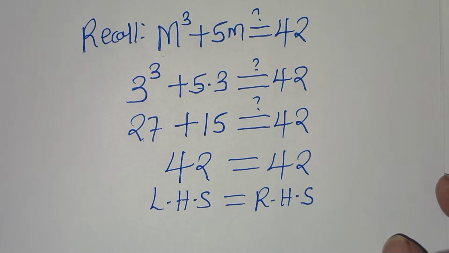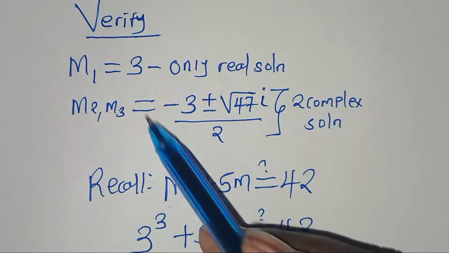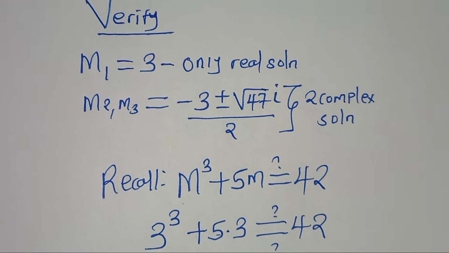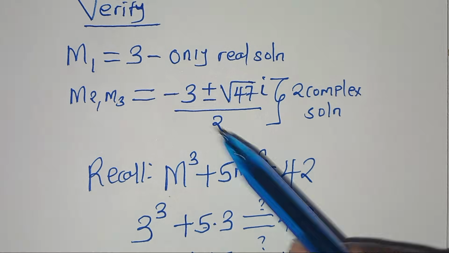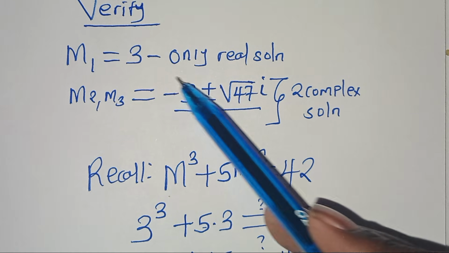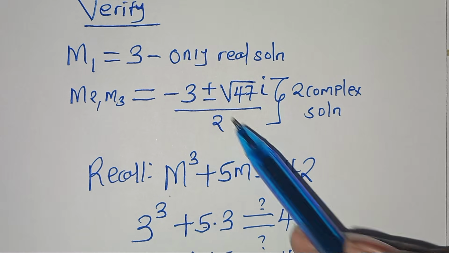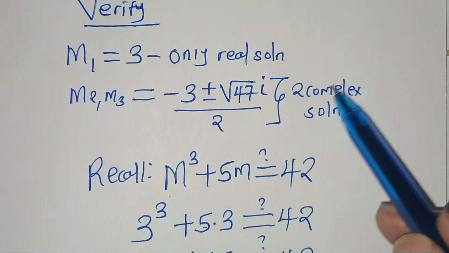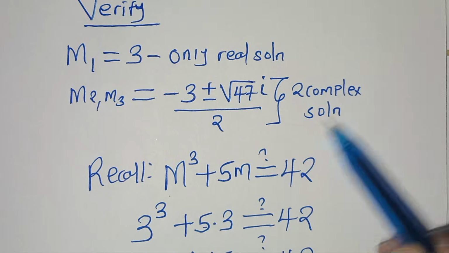And this verifies that m1, which is the only real solution here, satisfies the equation. So this problem has got 3 solutions: 3, which is the only real solution, and minus 3 plus or minus square root of 47i over 2, and these are 2 complex solutions.